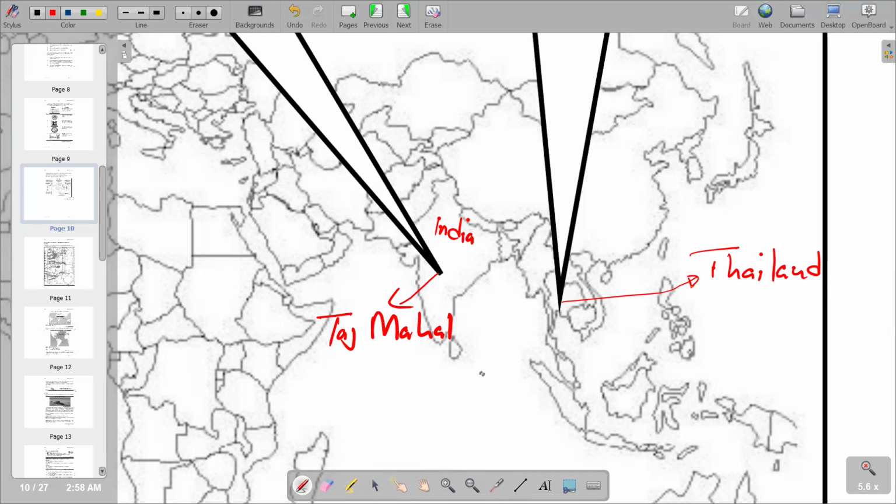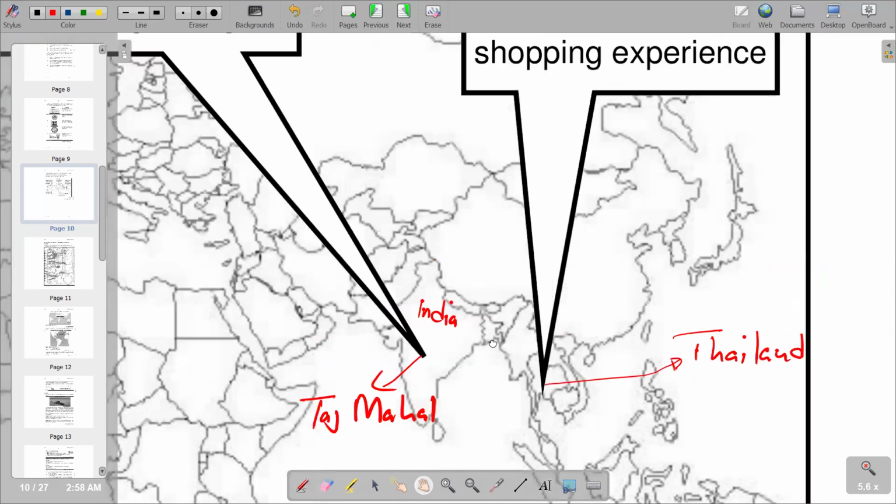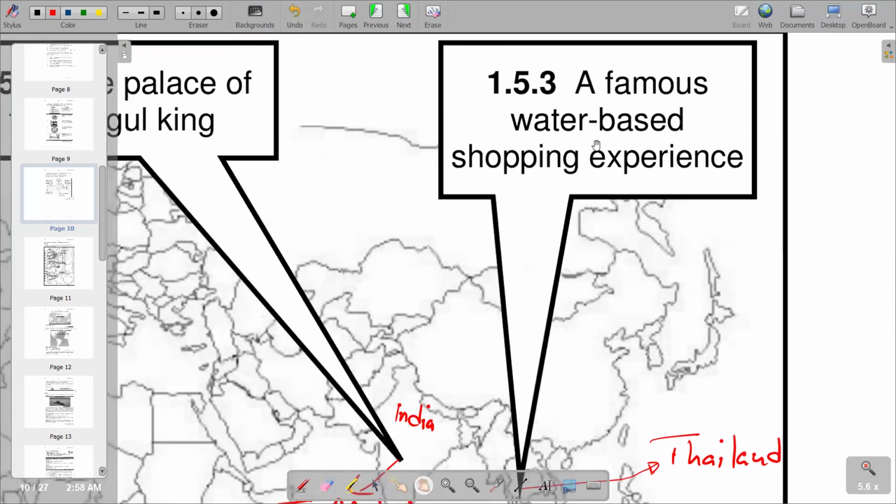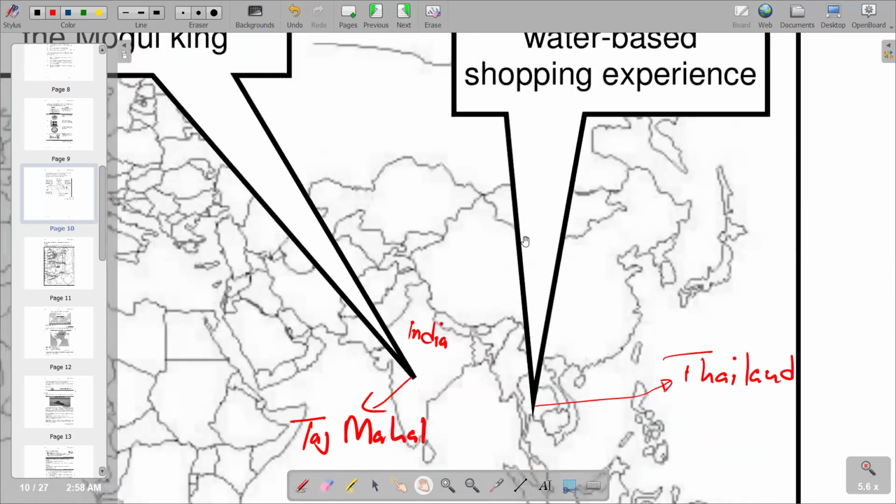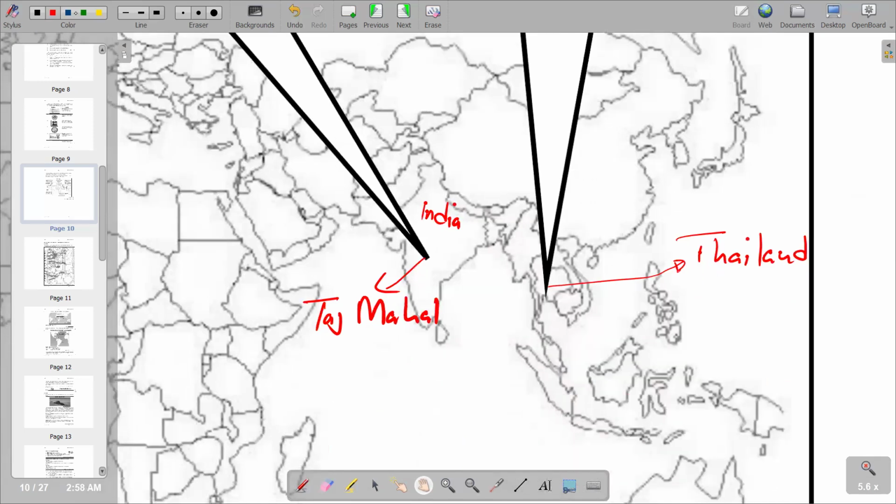And the icon that is being referred to is a famous water-based shopping experience. It's a floating market. So it's representing a floating market. Basically, that's what we have.